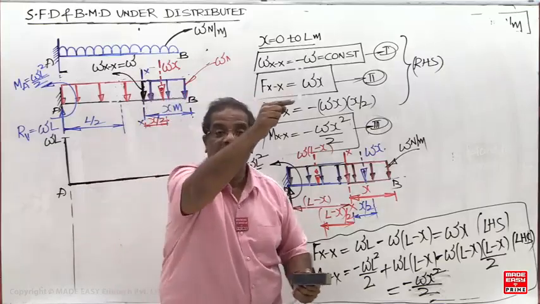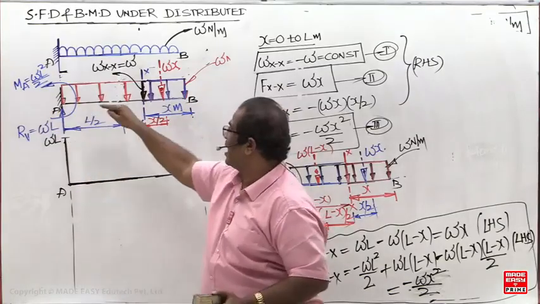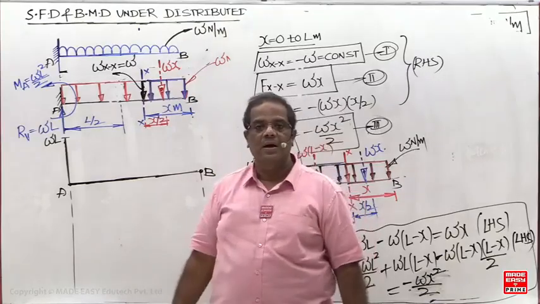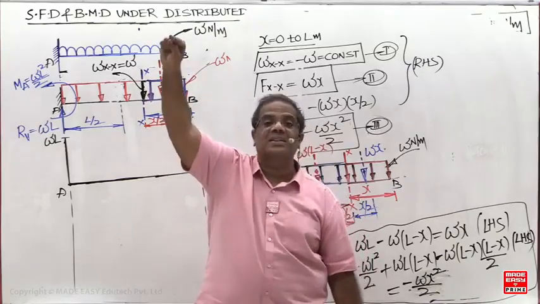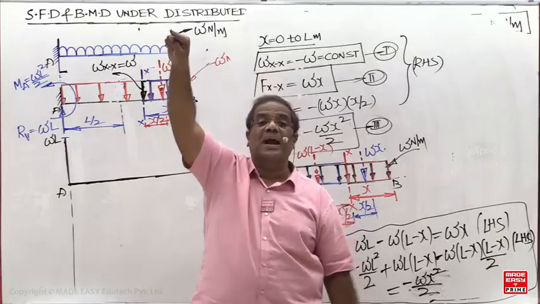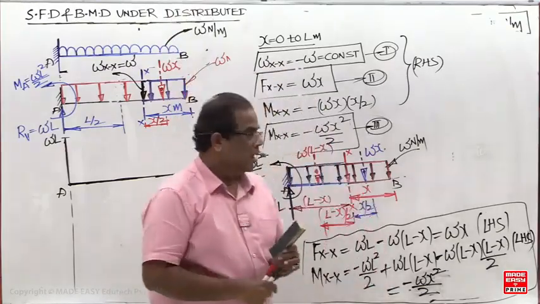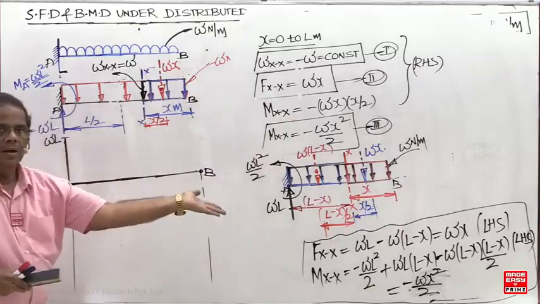Suppose the load intensity varies parabolically. What is the meaning of this? Load intensity is a function of x square. Then shear force is a function of x cube, and bending moment is a function of x to the power of 4. Now we can draw it.